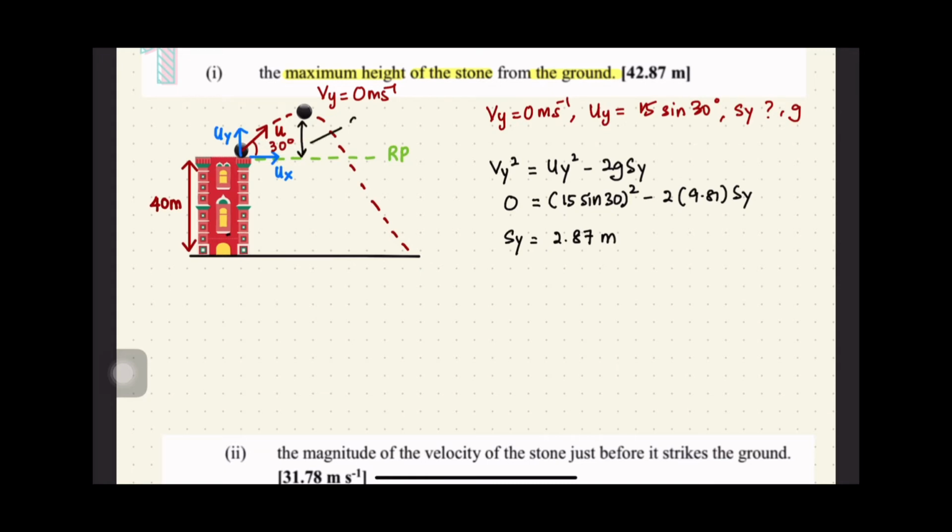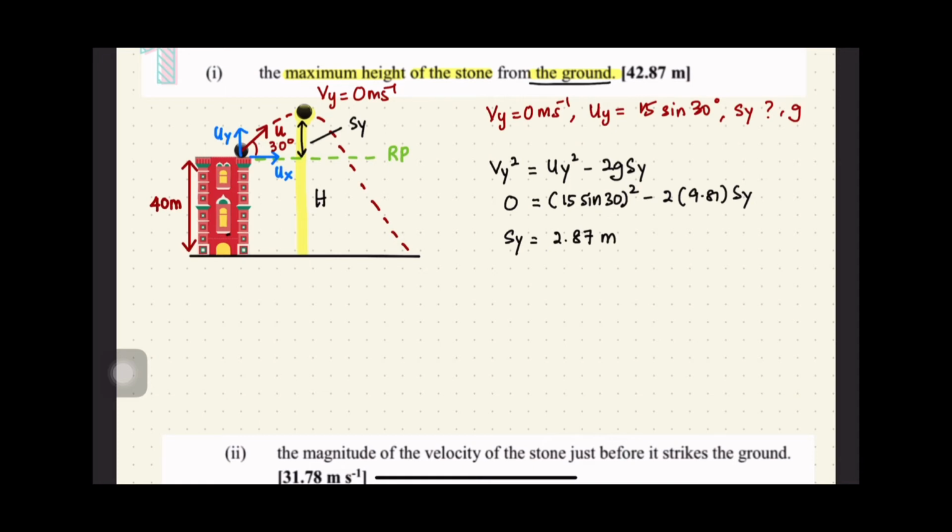Okay, this is Sy, but the question asks us to determine the maximum height from the ground. From the ground. So it means you have to determine the position from this height towards the ground. So apa yang you perlu tambah untuk dapatkan height yang color kuning ni? Saya dapatkan nilai baru lah H. H, the yellow one.